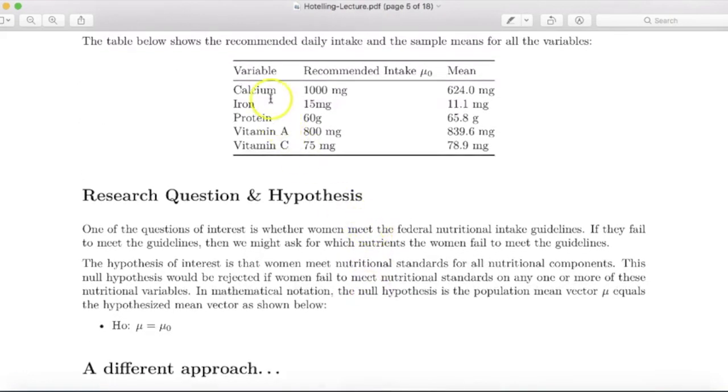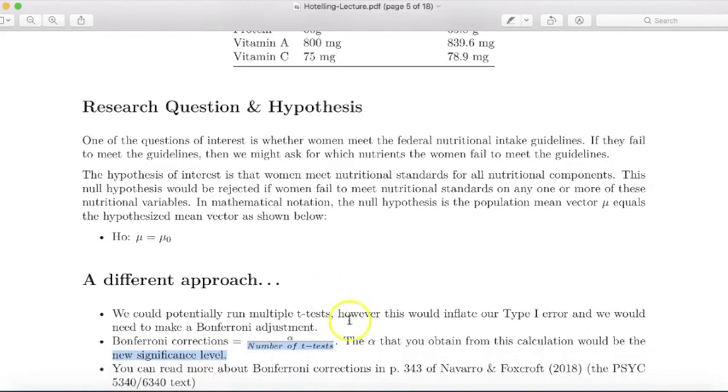So for me, it would have been 0.05 over 5, and that would leave me with an alpha of 0.01. And then that 0.01 would be what I use to interpret my results. So it doesn't matter what I get from my t-test, now I have to compare it to 0.01, which makes it harder to reject. It's a more conservative test, essentially.